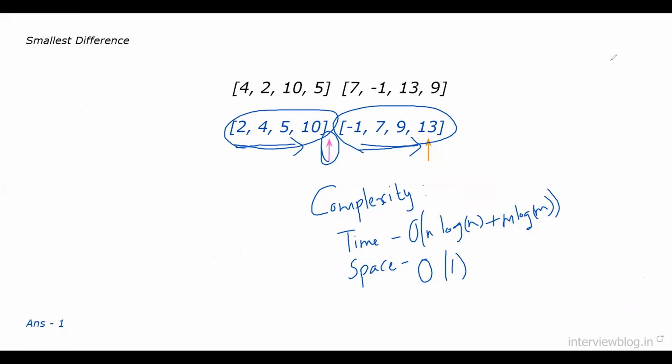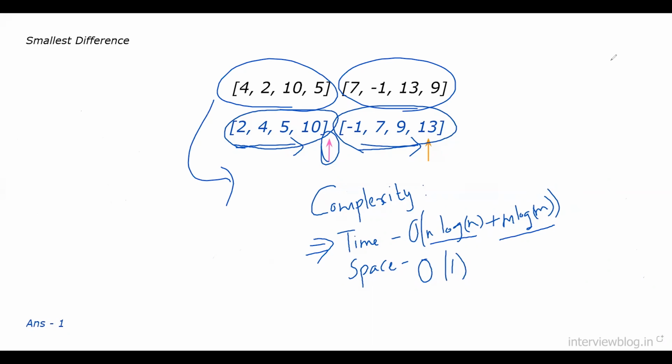Before moving on to the implementation part, let me quickly make 2 more points here. We have seen that our time complexity tends to be big O of n log n plus m log m. This is because we are sorting the given input arrays to solve our problem. But what if the interviewer says that the given input arrays are already in sorted fashion?